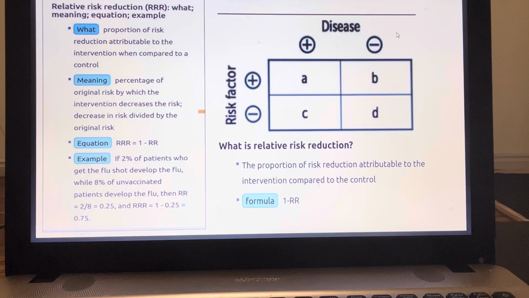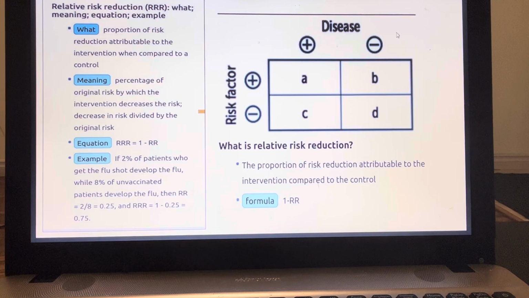So remember this. It's very simple. We have to make 1 minus RR. Remember, for relative risk we are dividing, whereas for attributable risk we are subtracting, A by A plus B minus C by C plus D. And in that also you have to read the question carefully to see what they're asking. Are they asking the exposed group first or unexposed?